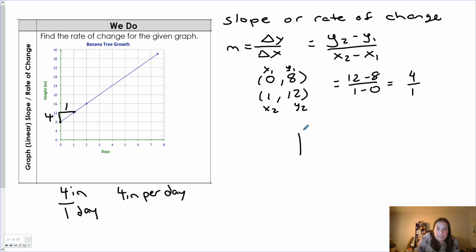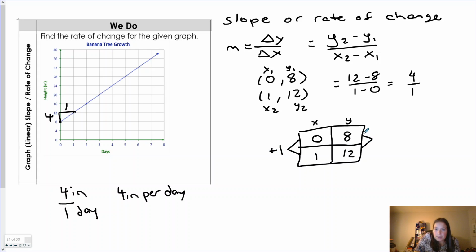Now, I personally mess up when there are negatives involved. I'm just being honest. So I like to put my 2 points onto a table, an x, y table. And I figure out that 0 to 1 is plus 1, and my change from 8 to 12 is plus 4.